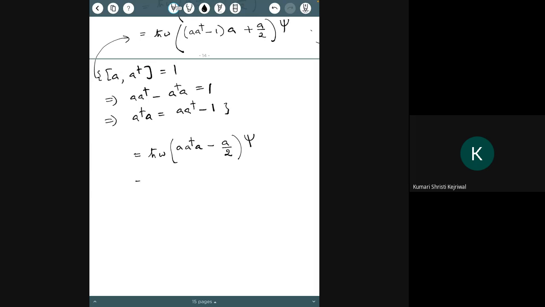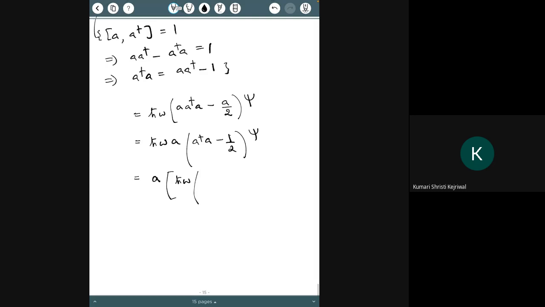I can take a common, a dagger a minus half psi, equal to h cross omega common, a dagger a plus half.